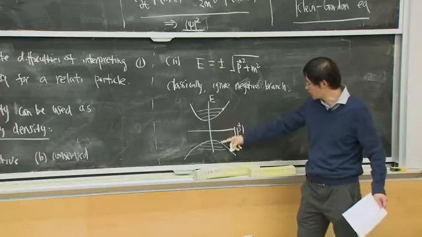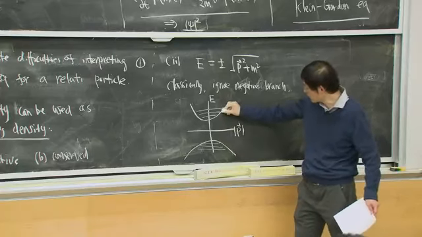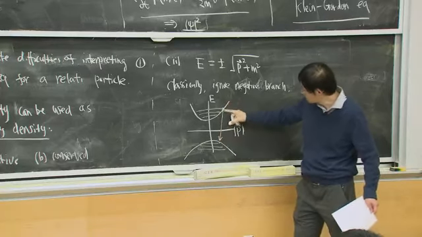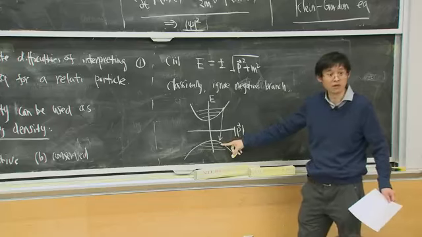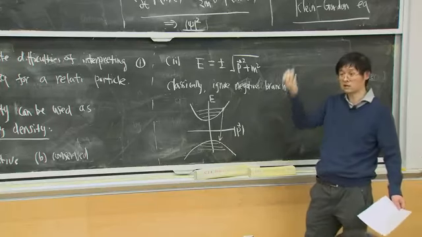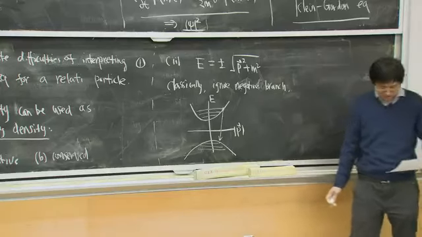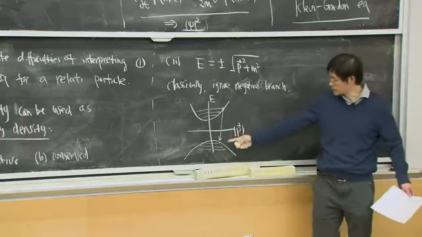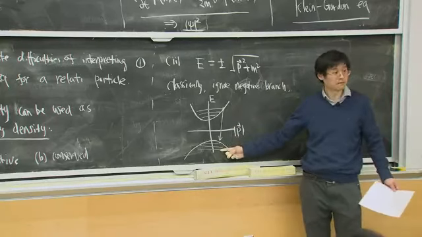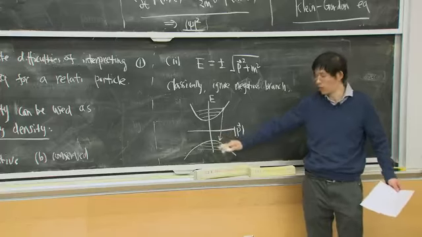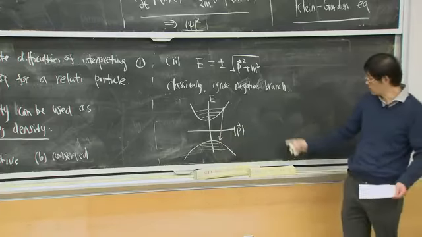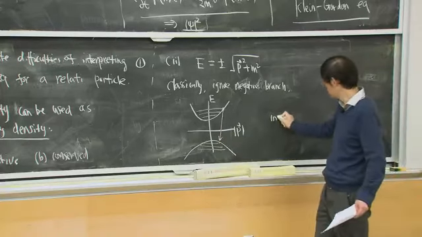And there's always a non-zero probability quantum mechanically for a particle to go from a higher energy level to a lower energy level. Just like in the hydrogen atom, if you excite it, it always goes to the lower energy level. So quantum mechanically, such a thing cannot be avoided. You cannot just throw this branch away.